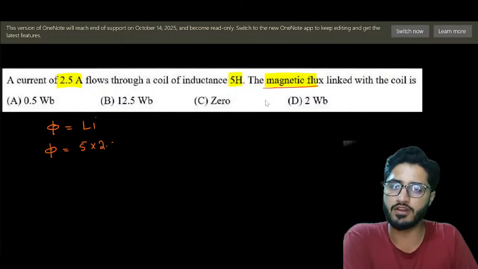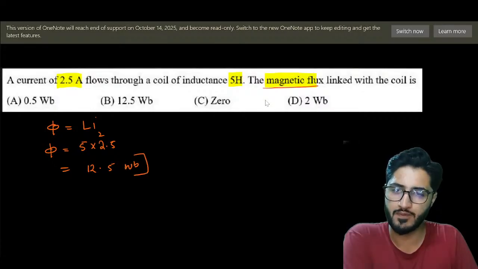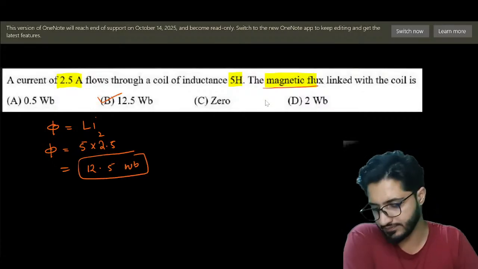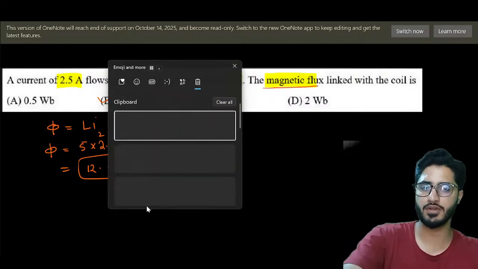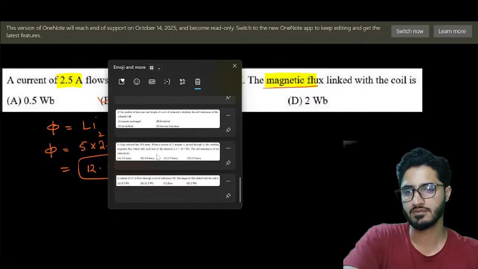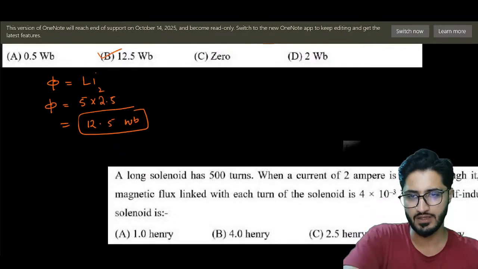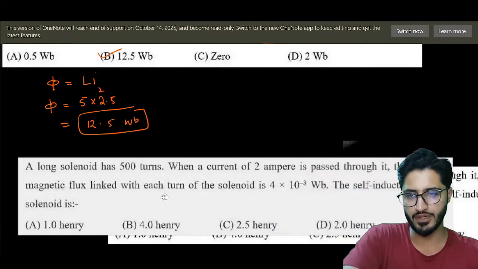I is 2.5. 5 fives are 25, 5 twos are 10, I guess it is 12.5 Weber. Easy? Easy or super easy?